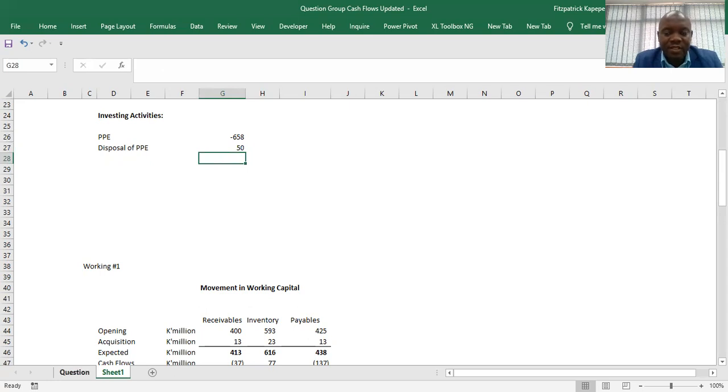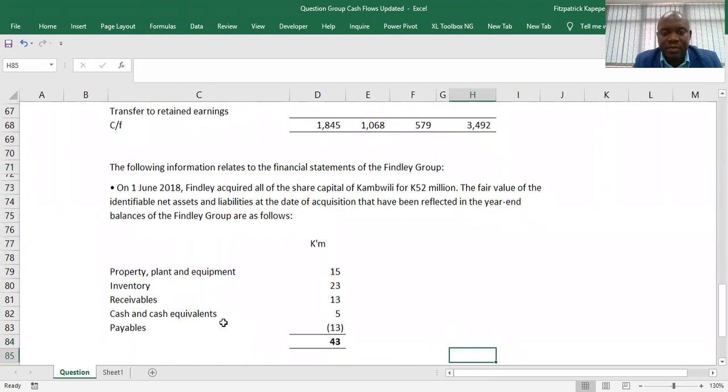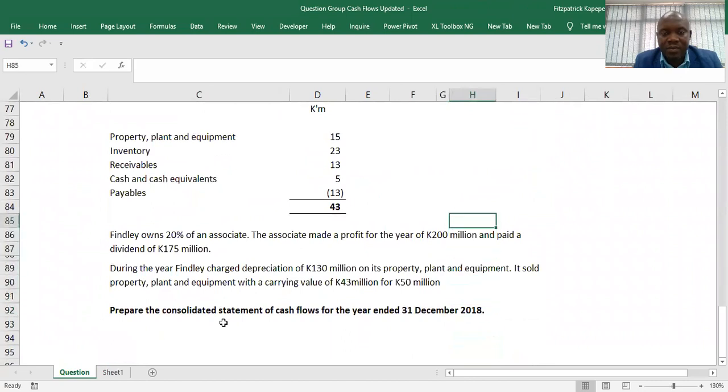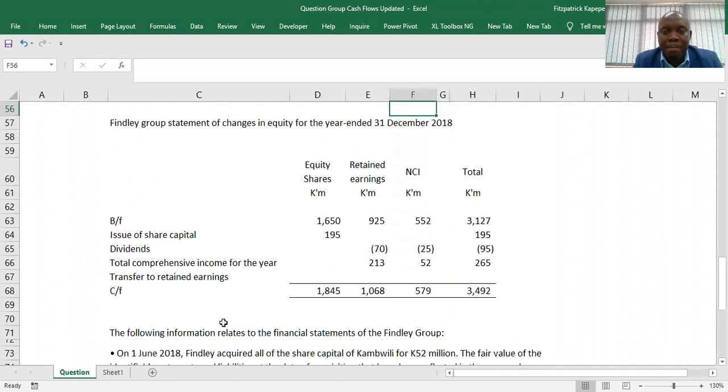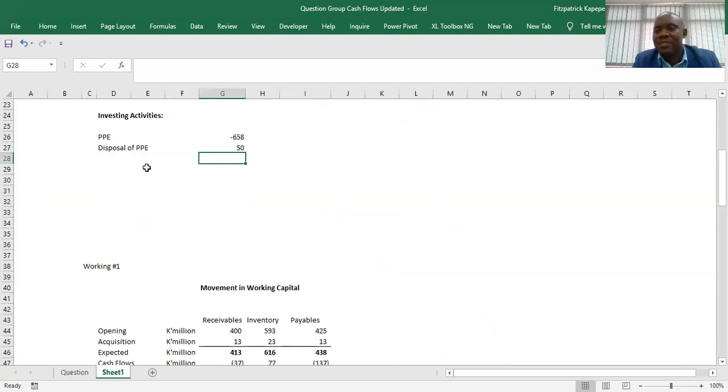I can show you here, Yvonne. This is where it is. What other investment was done? Associates. How much did it receive?